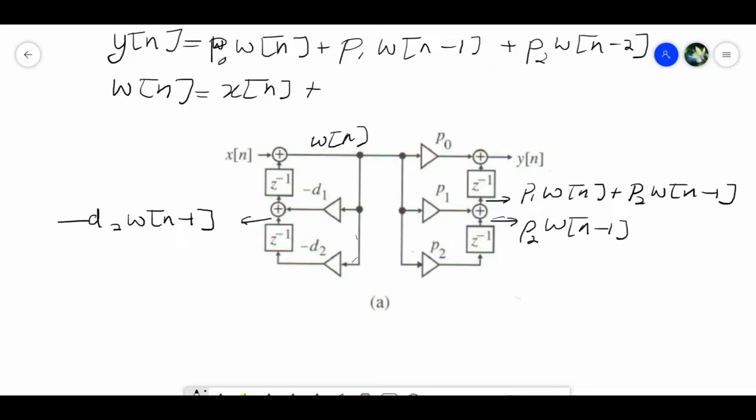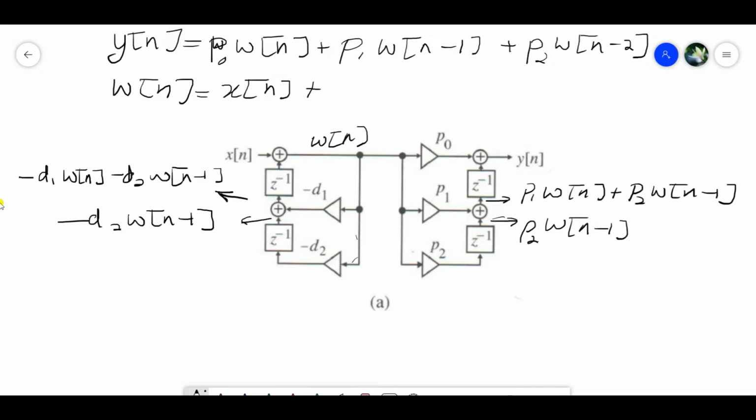Right, and then at this point here, never mind. Okay, so at this point, negative d1 times wn, plus, or rather minus, d2 wn minus 1.